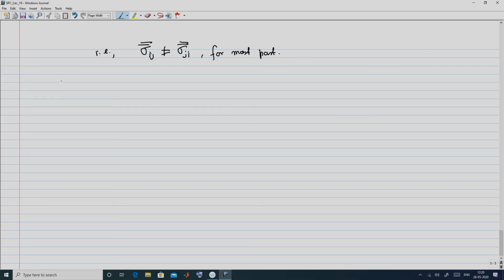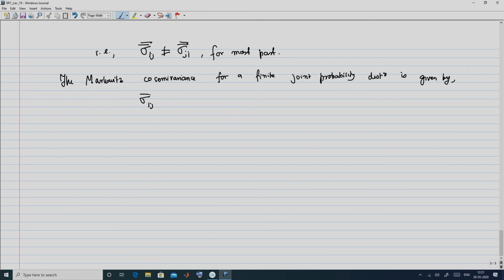So, I just want to be more specific about this co-semi-variance. The Markowitz co-semi-variance for a finite joint probability distribution, so there are two variables involved, is given by the following, and this is sigma i j double bar.